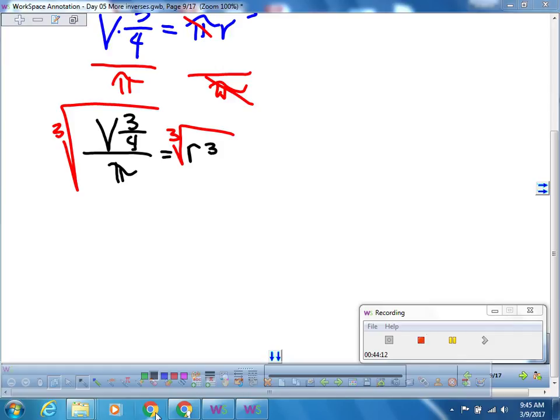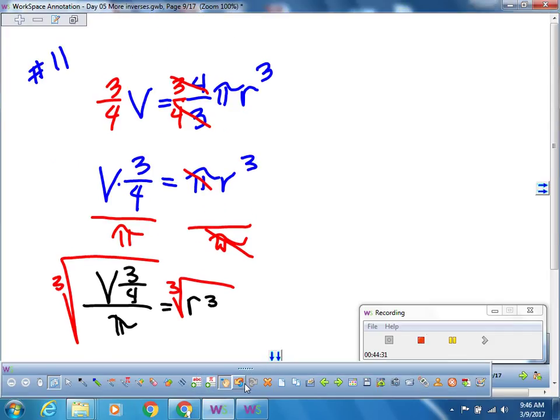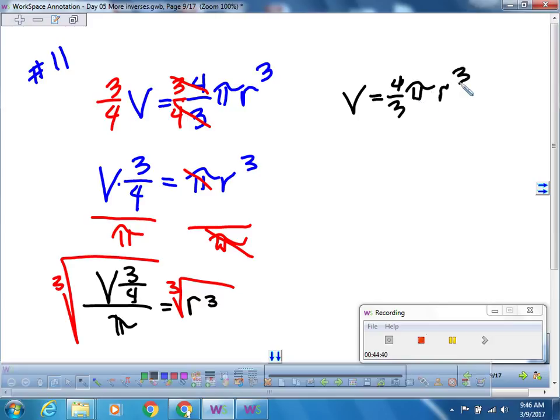Now the second part of that is find the radius if the volume is 36. So all I would do on that one, if I know this is what I already had, volume equals 4/3 pi r cubed. So I know the volume is 36.